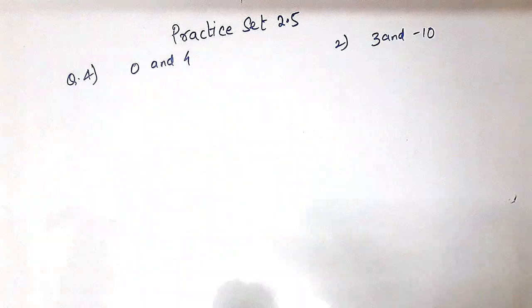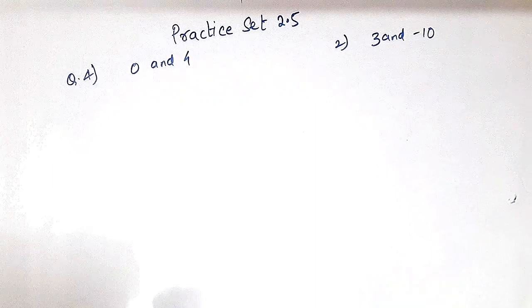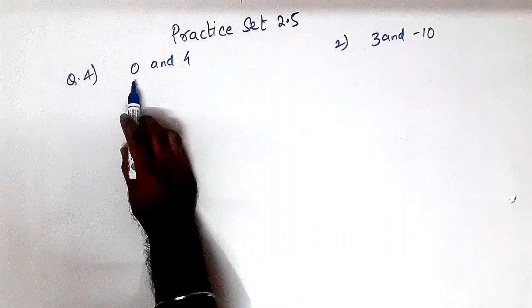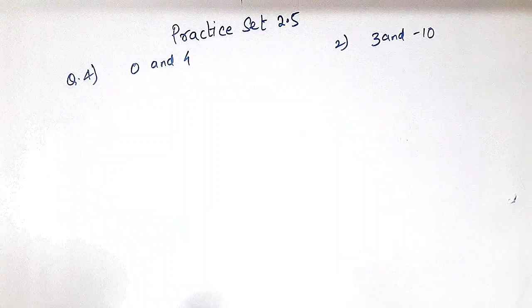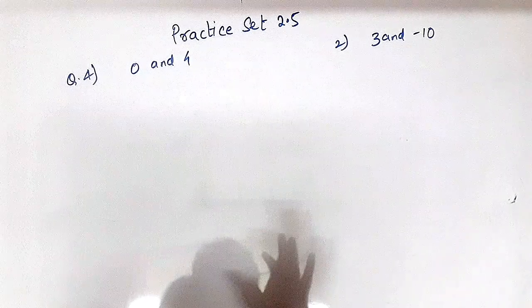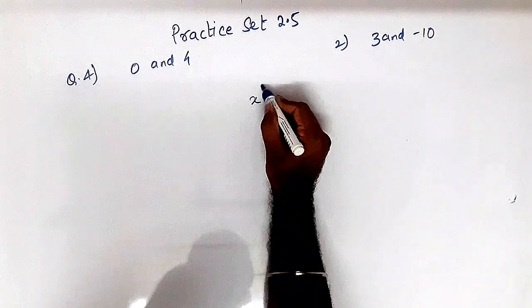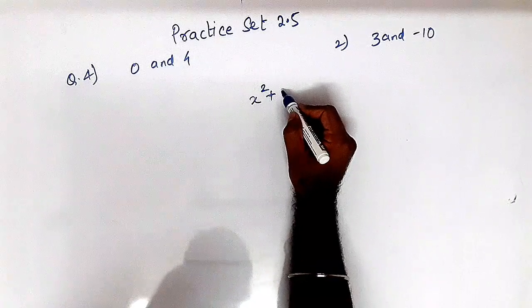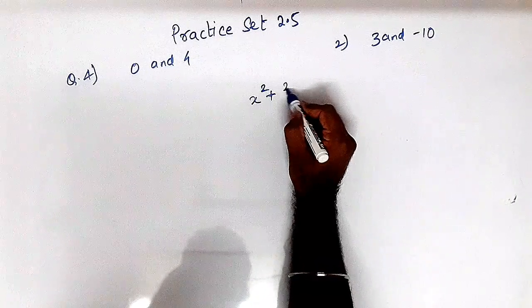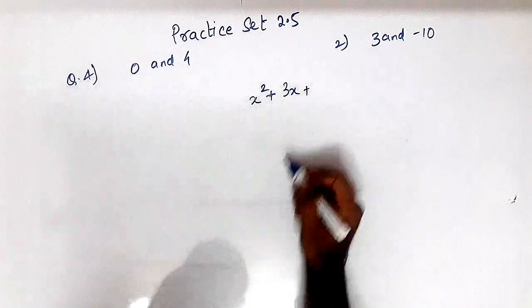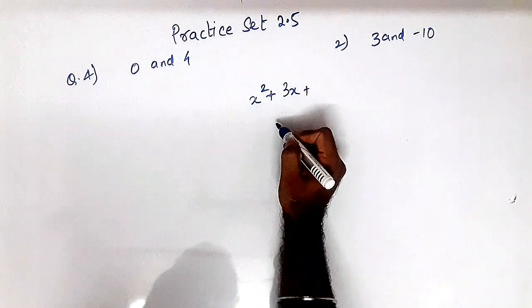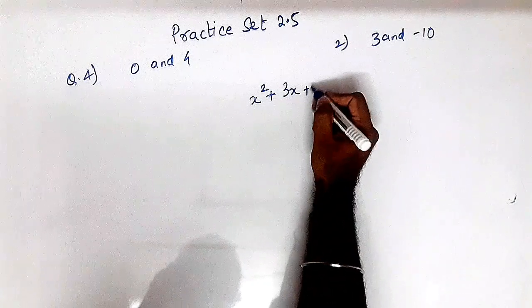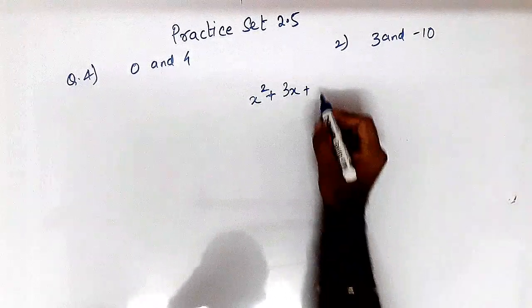So question number 4 states that we have to form the quadratic equation when the roots are given. So 0 and 4 are the roots of the quadratic equation. Now to make it easier, children, suppose we have this equation x square plus 3x plus, let us say, 2.